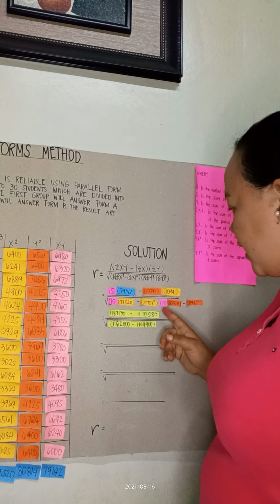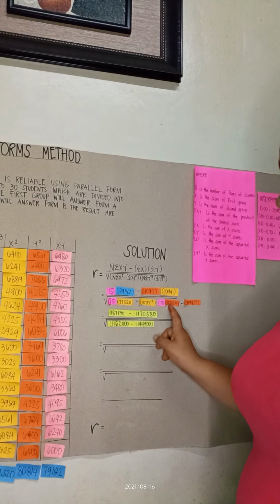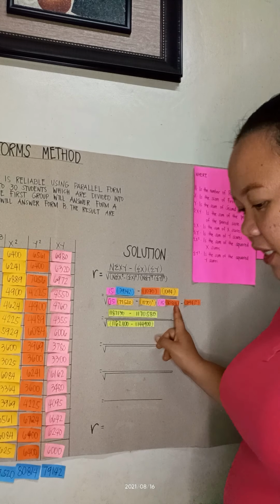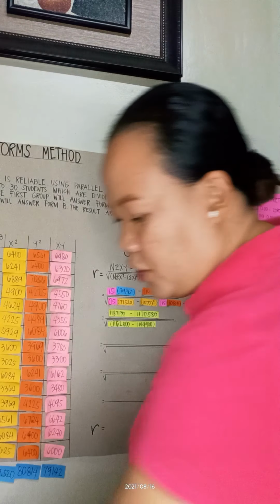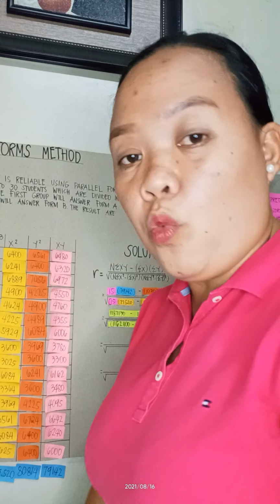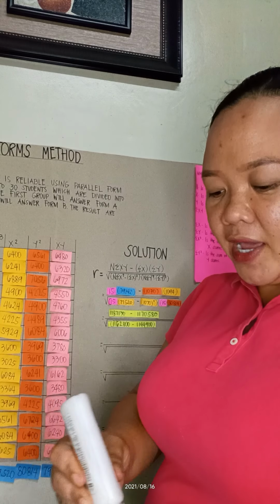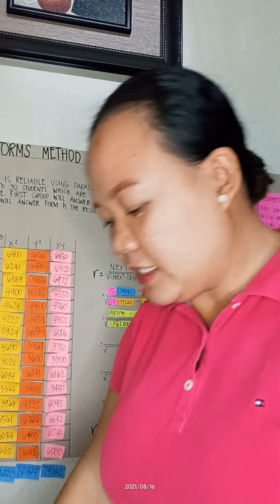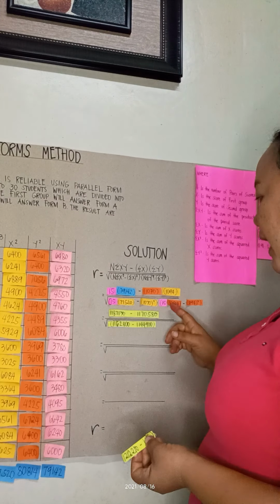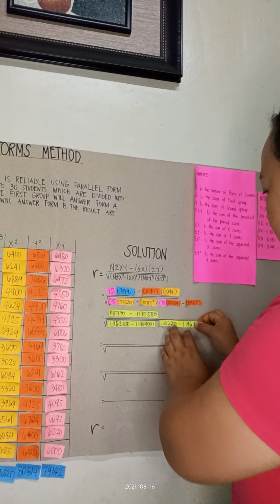Next is 15 times 80,814. The answer is 1,212,210, the product of 15 times 80,814.